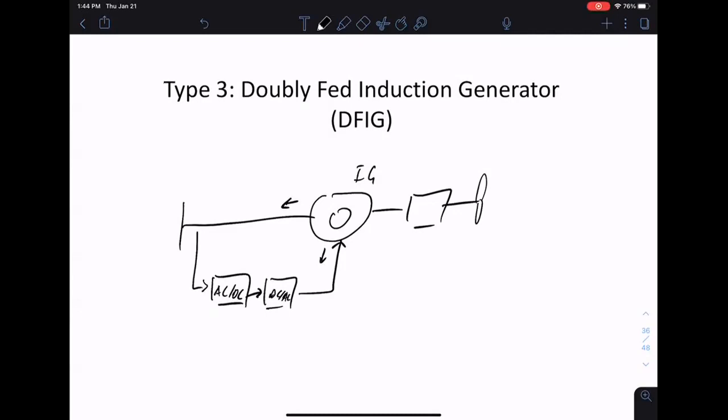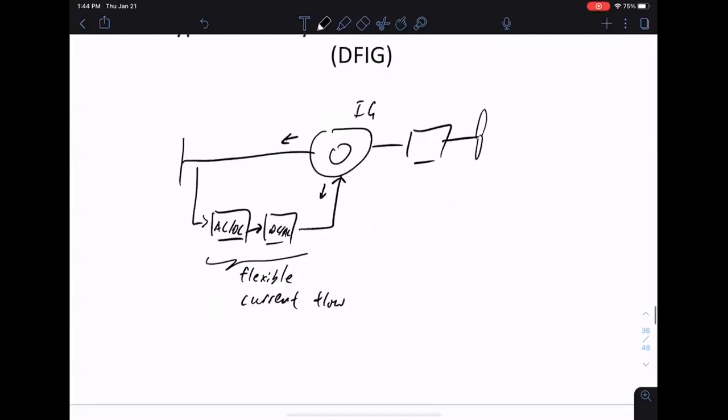And what this allows us to do is a sort of flexible current flow. This can provide reactive power. One thing about induction generators is they can only consume reactive power, whereas this two-path system allows us to provide reactive power.